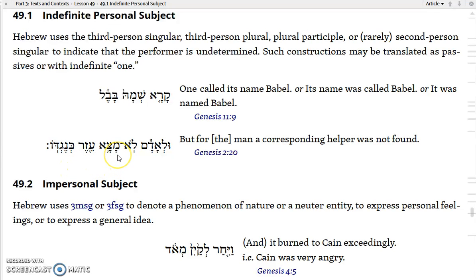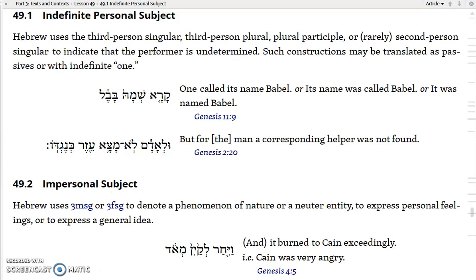Now, here the issue is the subject of matzah. Matzah would normally be translated "he found," but it's impersonal. "One did not find," and hence you can translate it passive, "there was not found."